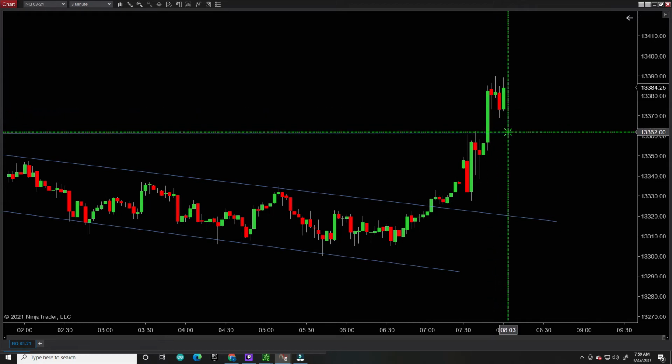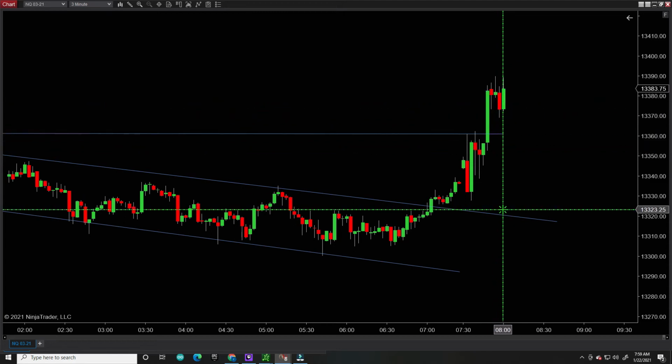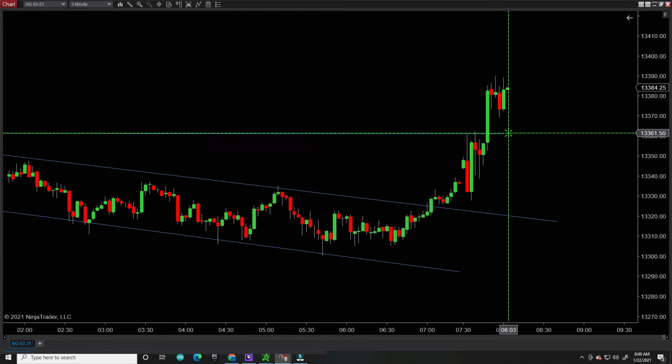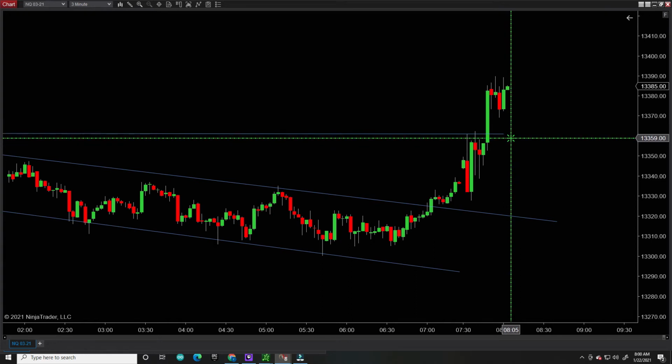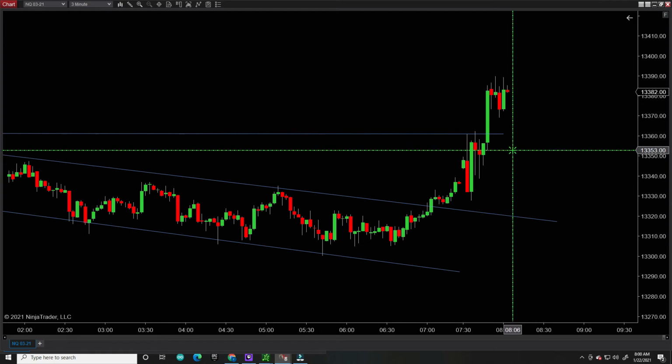I mean, look at that. So let's say it just, boom, fell off hard down here, and then blew through this prior resistance level that is now support. Then right around here, I probably would have jumped in short.